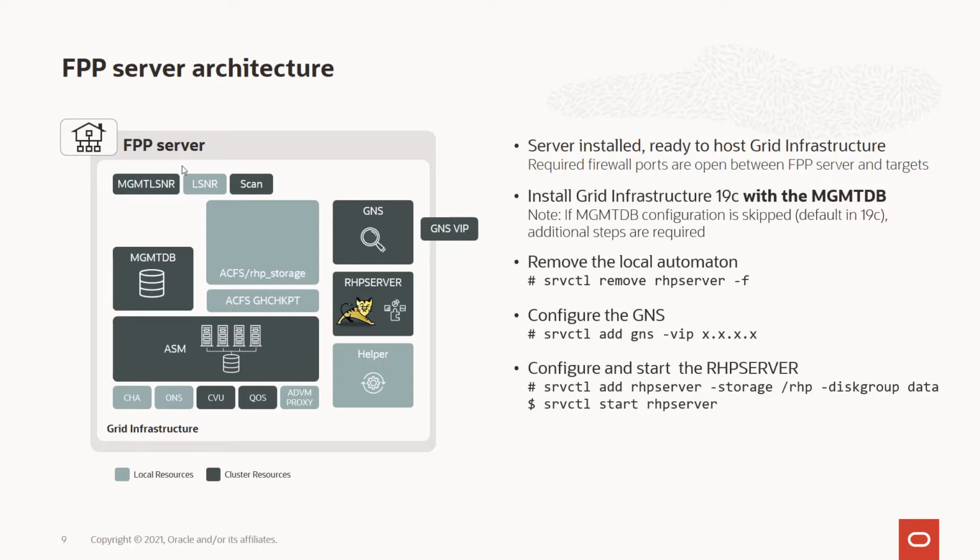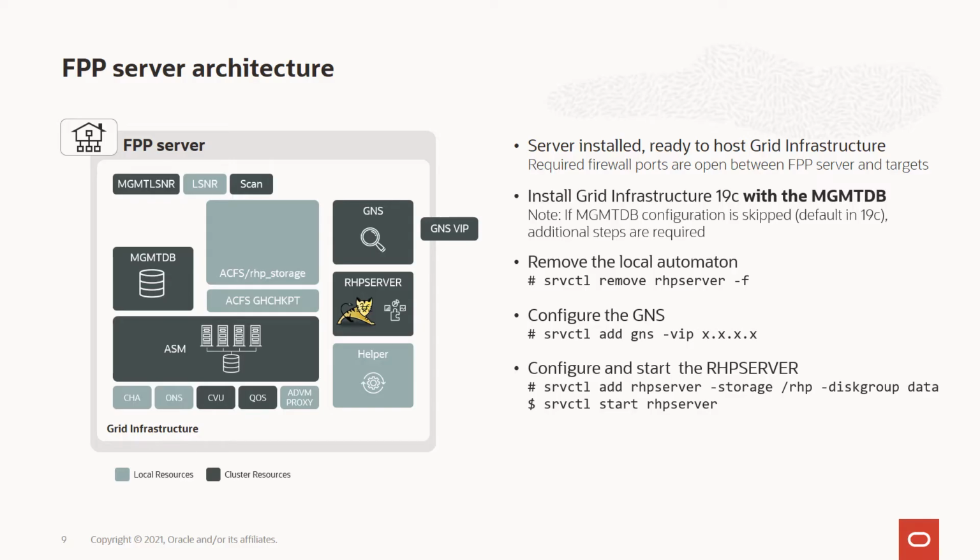And then we have an ACFS that you can see we configure the RHP server with a storage, and we specify a disk group. This disk group is used to create an ACFS file system. And inside this ACFS file system, the FPP server will store all the gold images that it will use for later deployment to the FPP targets.